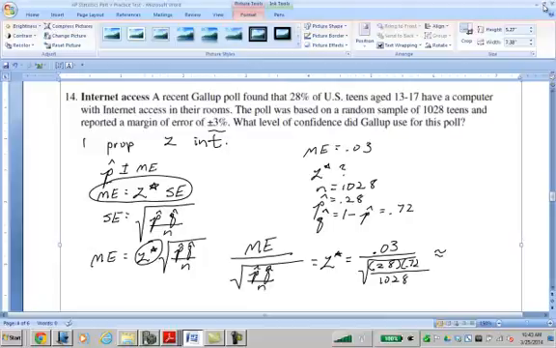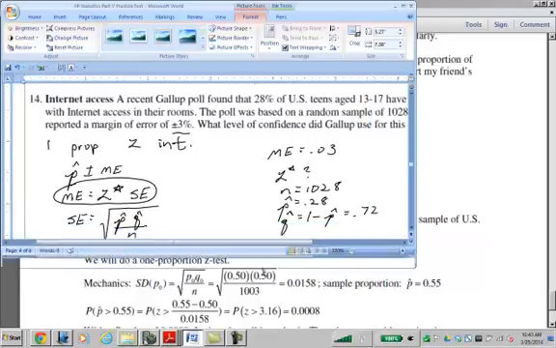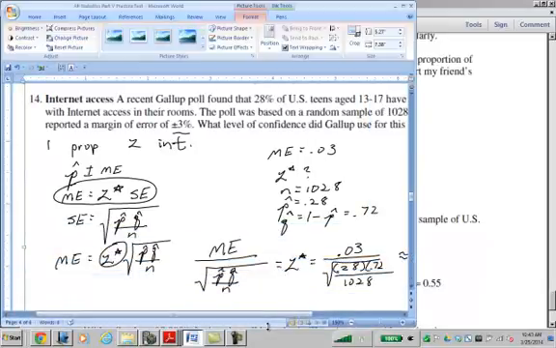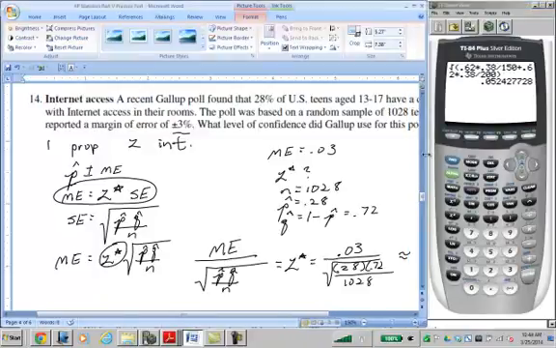I'm going to shrink this down a little bit and get the calculator out. Let's pull this back over a little bit. Okay, so let's clear this.